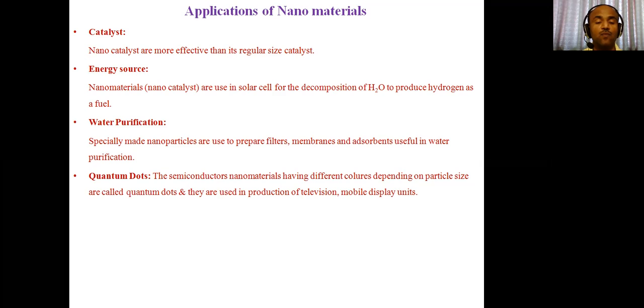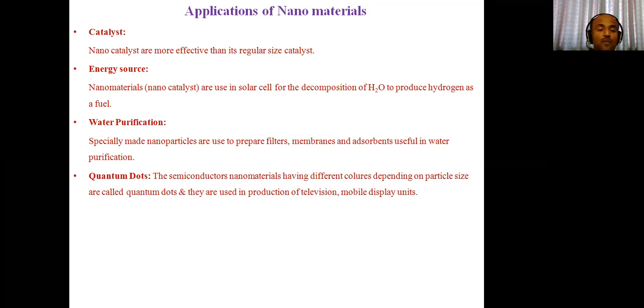Specially made nanoparticles are used to prepare filter membranes and adsorbents useful in water purification. That is an important application. So specially made membranes, that is membranes made from silver or membranes made from copper, are useful in water purification.